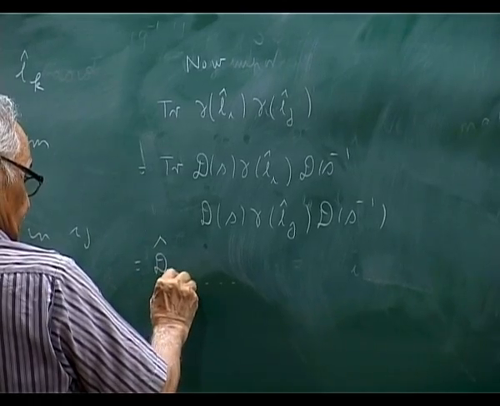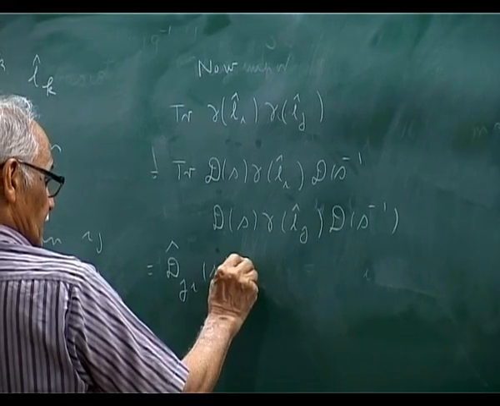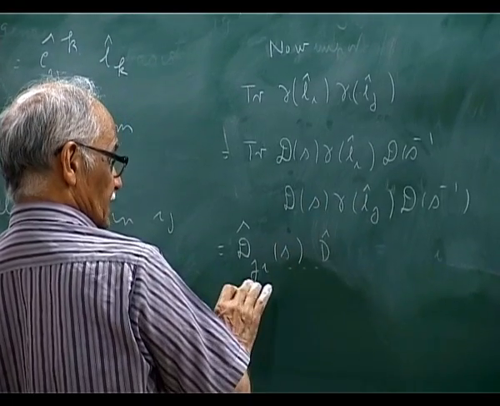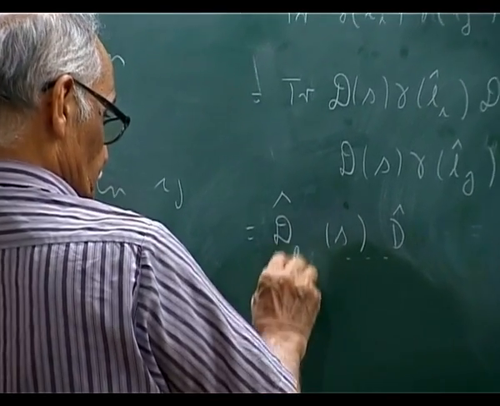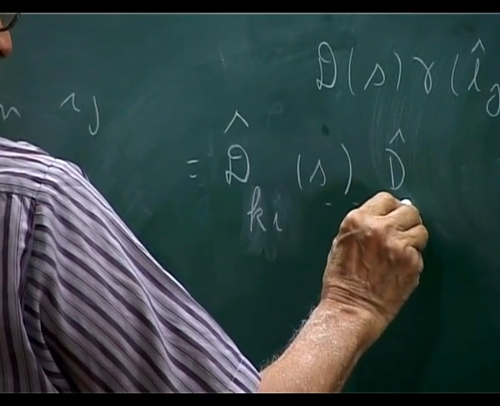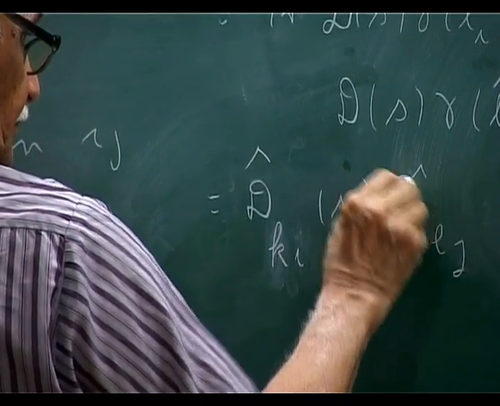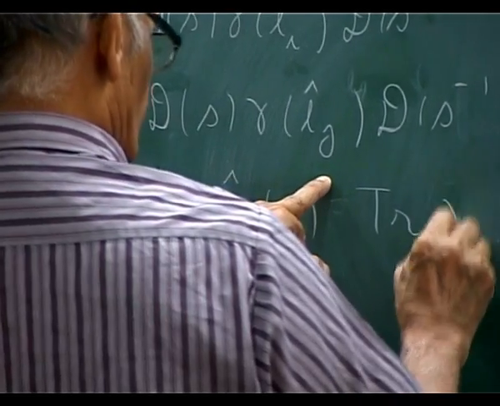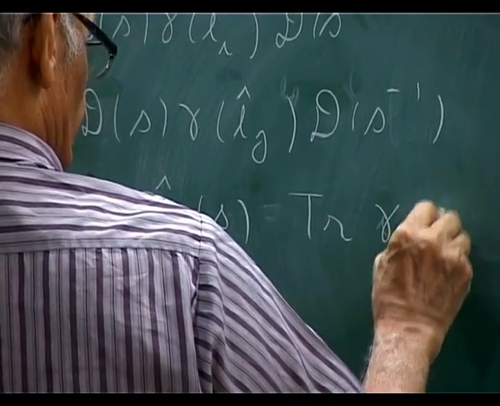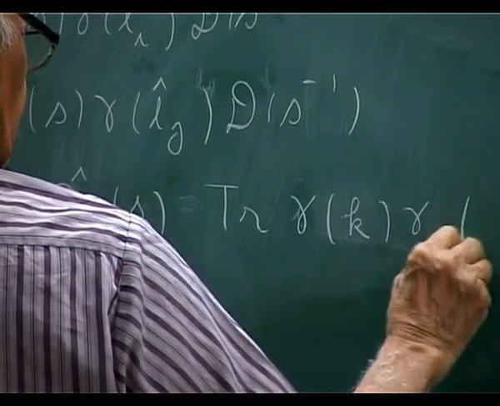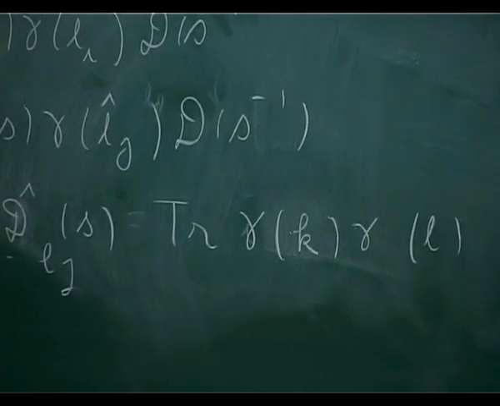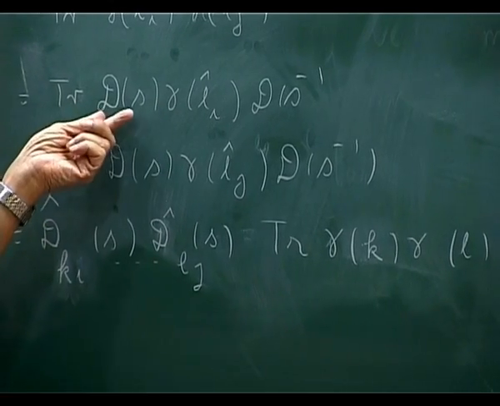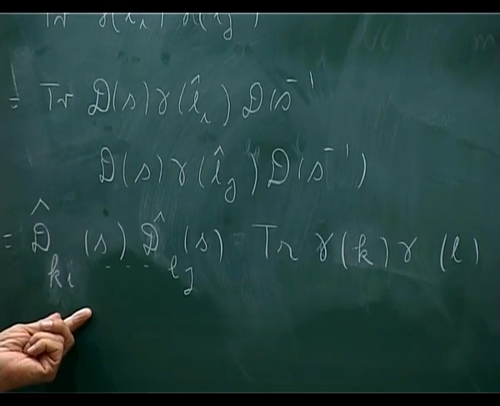J i of s, d hat of j i, and here I shouldn't write j, k i, I should write here l j of s times trace of gamma of k gamma of L, where this is a group element but is actually by conjugation. So I look at the matrix of D in this basis, that is by definition this.